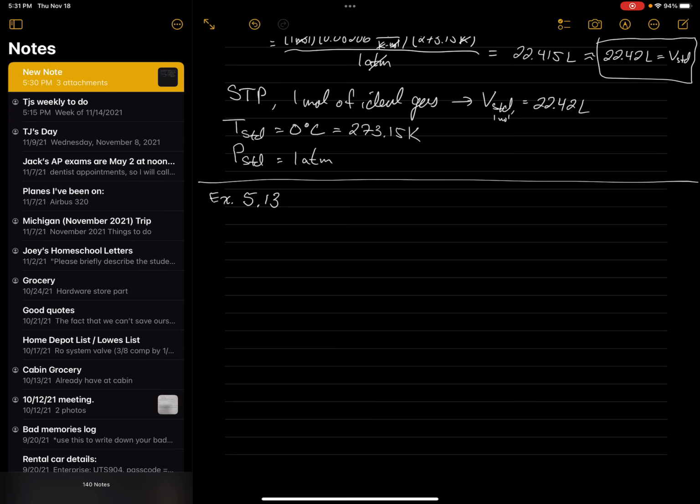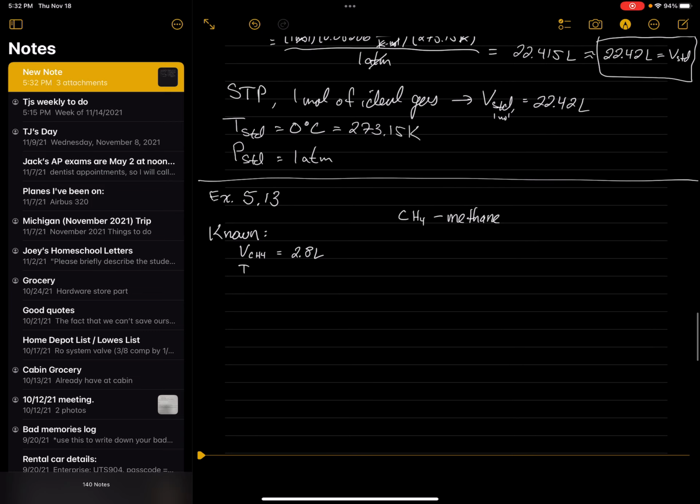So the first thing I do is I identify those things that I know, right? So what are the knowns? Well, one known is that we have a volume of methane, CH4, and this is equal to 2.8 liters, right? Remember that CH4 is the same as methane. That's the name of methane.